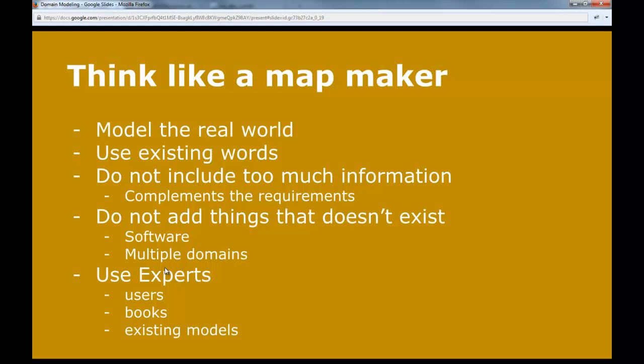So maybe some things are better left to the requirements. In our example, I personally would not have added the judge or the rules there, because it only made the model more complex. And rules are better stated in the requirement.